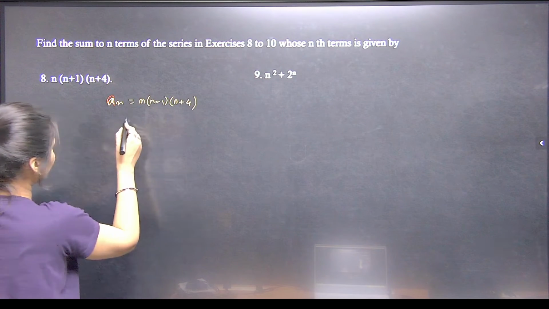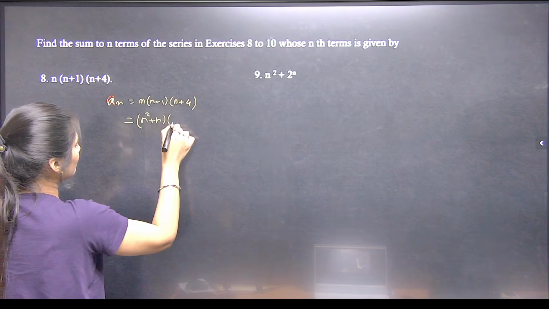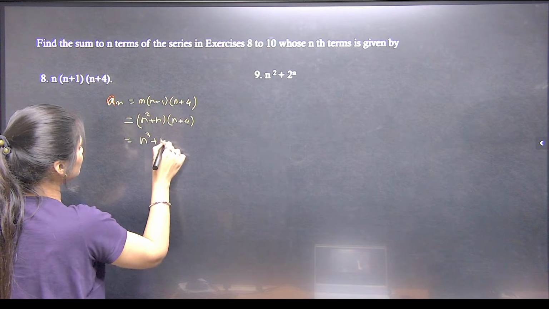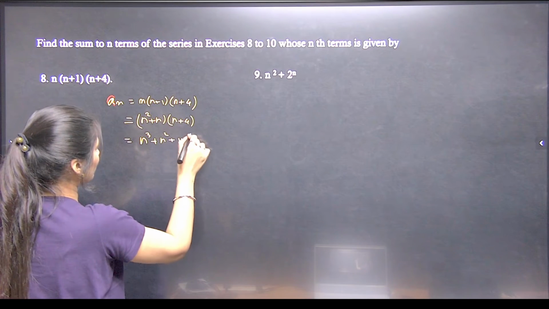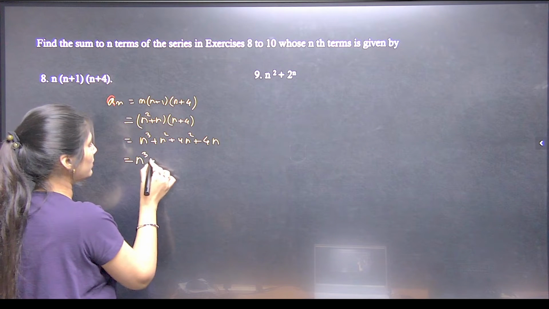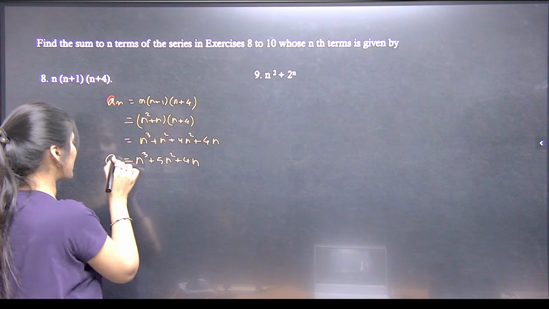Okay, so simply we need to simplify it. It is n square plus n plus 4 and then it is n cube plus n square plus 4n square plus 4n. So it is nothing but n cube plus 5n square plus 4n and this is nth term.